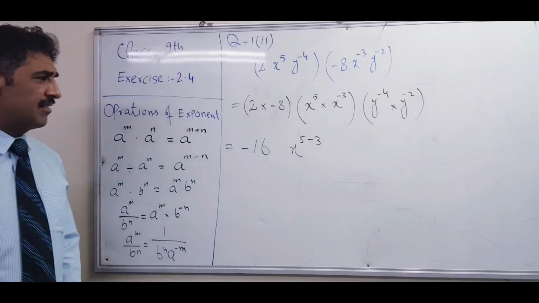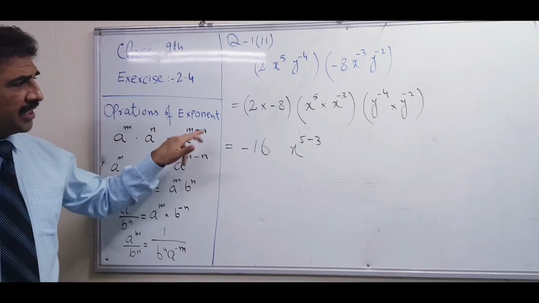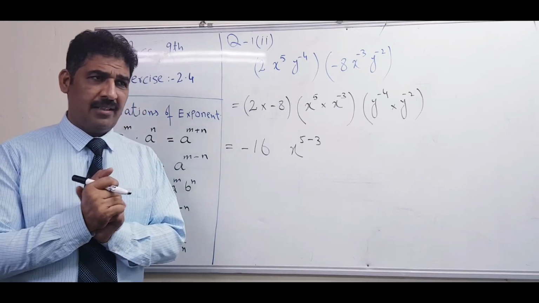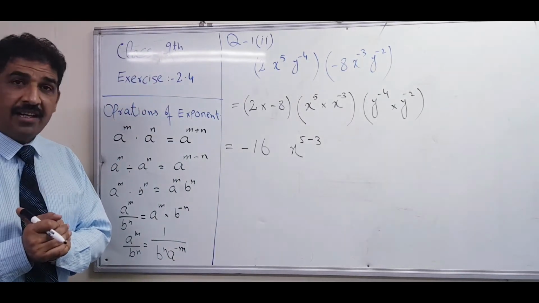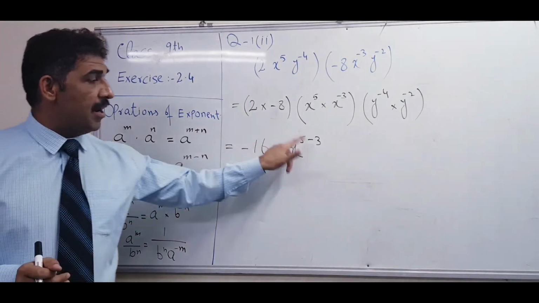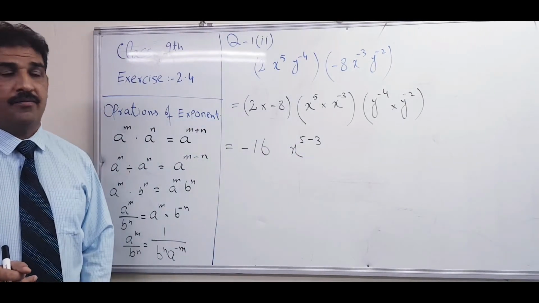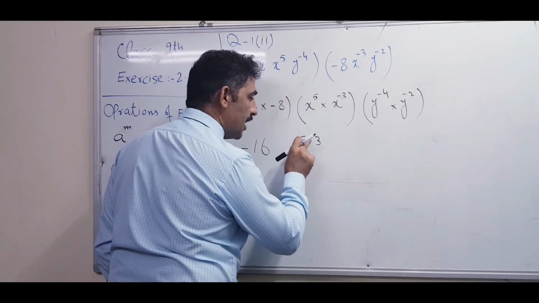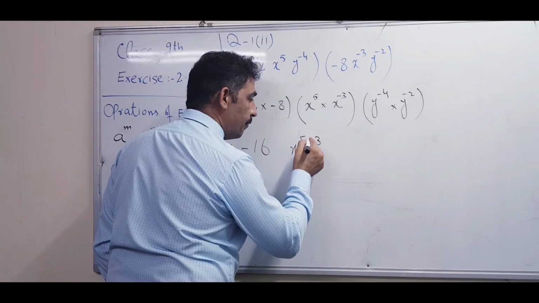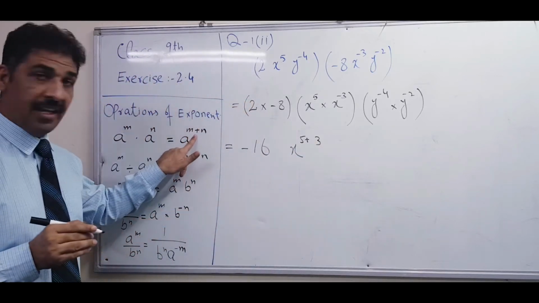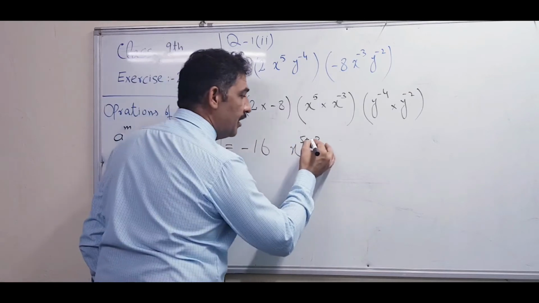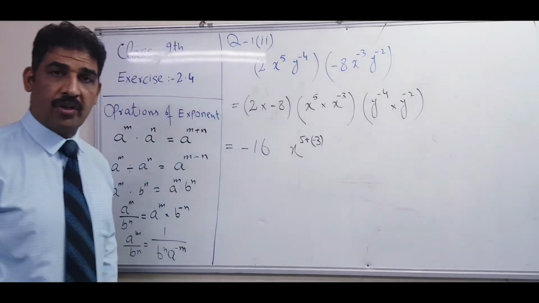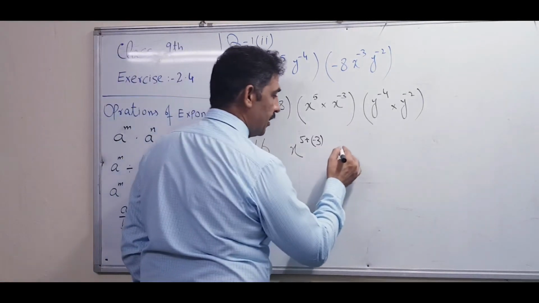But the question is, here I am saying plus, but here I am using minus, so am I right or wrong? Right. Why? Because plus times minus is minus. If you are confused, write plus for the formula and minus for the number, like that. The same rule applies here.